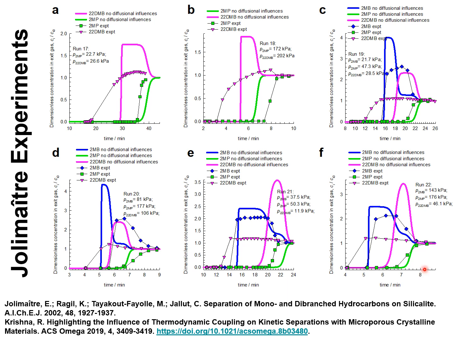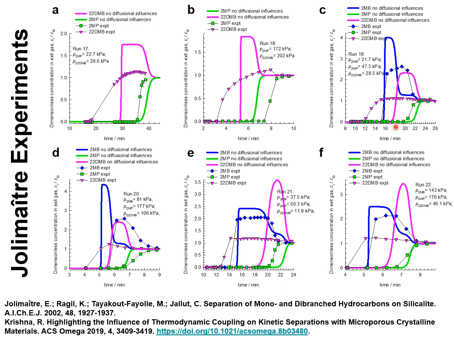What is interesting to note is that in the simulations in which diffusional influences are considered to be of negligible importance, the component to elute first is 2-methylbutane, but this is not in agreement with the experiments, because in the experiments 2,2-dimethylbutane elutes first.